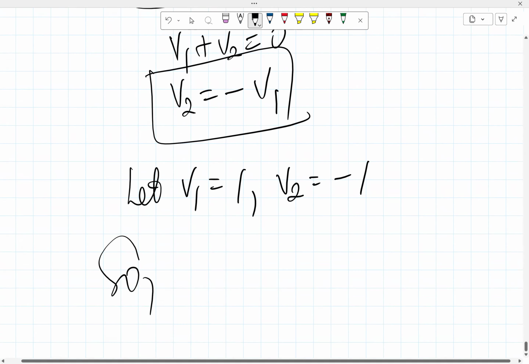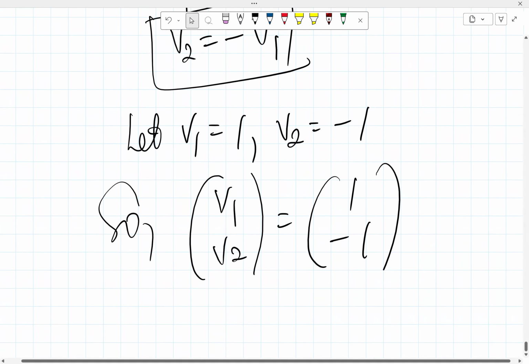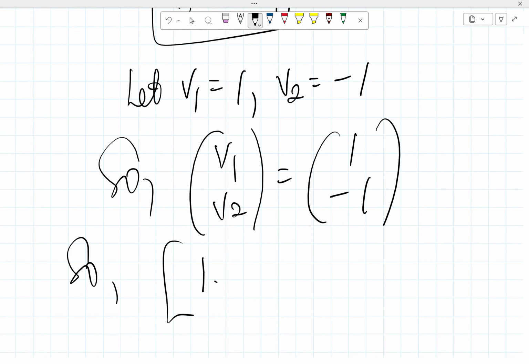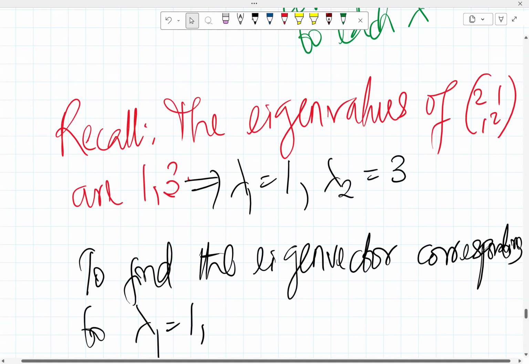So v1, v2 will just be 1, minus 1. So for eigenvalue lambda equals 1, the eigenvector is 1, minus 1, easily.